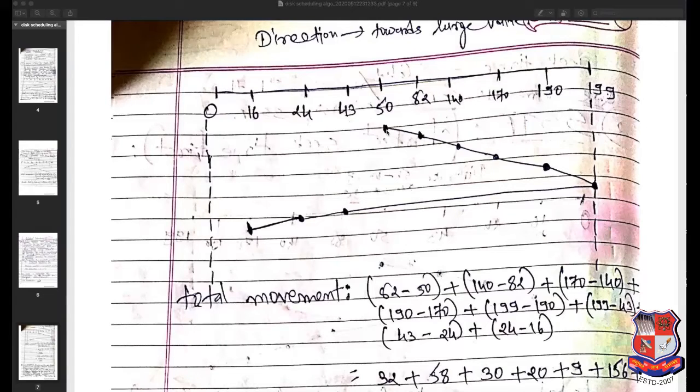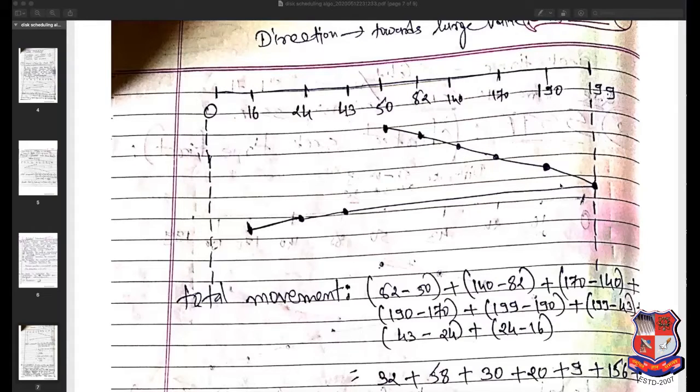In scan, the direction here is left to right, so I move from 50 to 82, then 140, then 170 and 190.